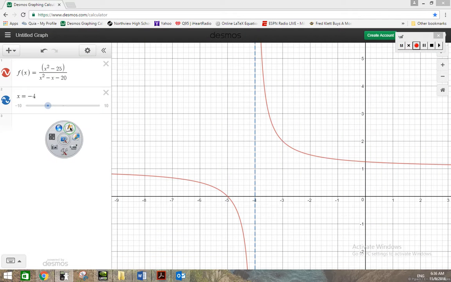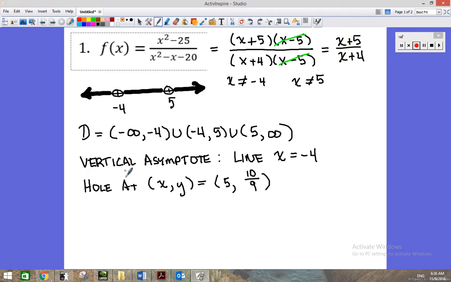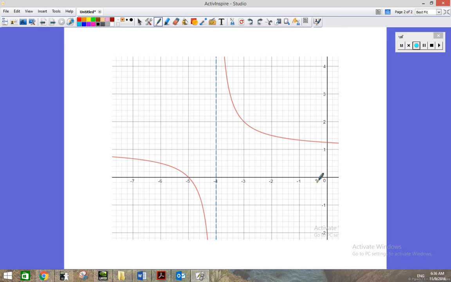Now, these graphs don't have enough detail to illustrate the hole at x equals 5 and 1 1/9.